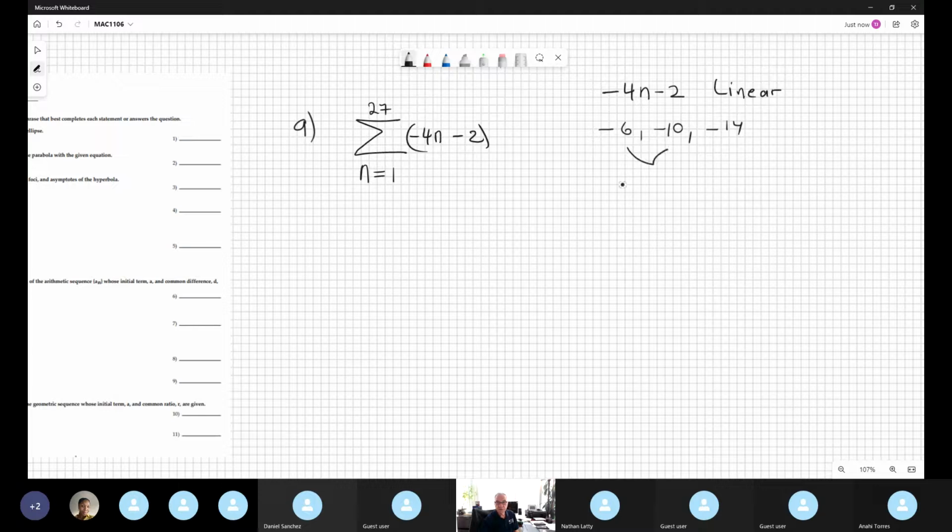And you can see that the common difference d is negative 10 minus negative 6, negative 4, and negative 14 minus negative 10, negative 4. Wow, it's arithmetic for sure. So we can use this formula, which is a1 plus an divided by 2, multiplied by n, is possible.